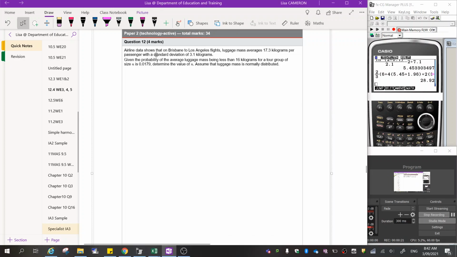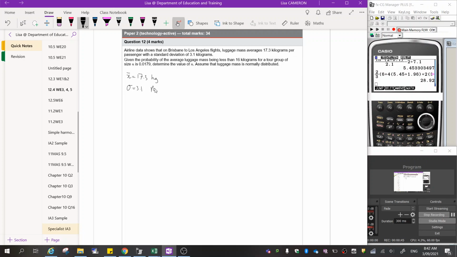Okay, so airline data shows that on a Brisbane to LA flight, luggage mass averages, let's go straight to my little pen. So this would be population data because the airline is showing you that the average is equal to 17.3 kilograms with a standard deviation of 3.1.